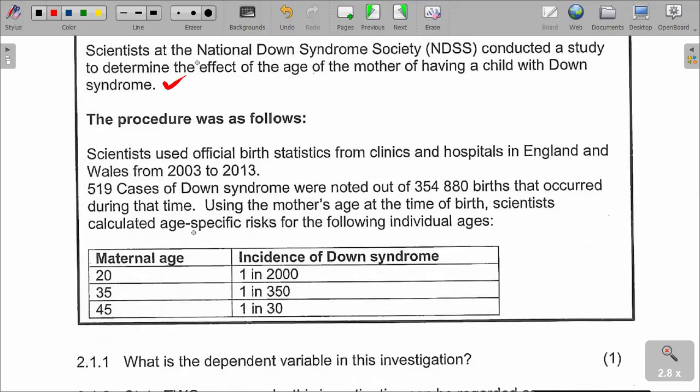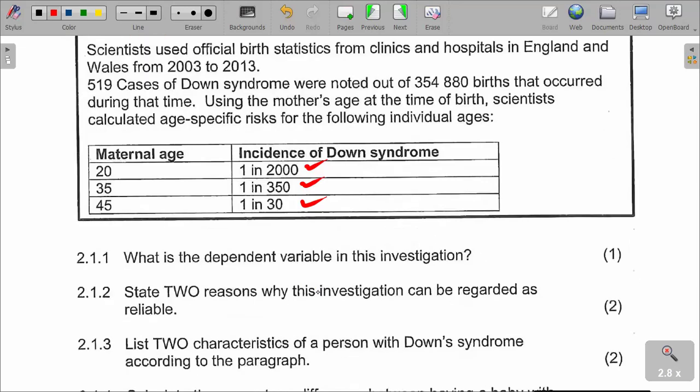So the procedure was as given here, and then maternal age incidence of Down syndrome: 20 is 1 in 2000, 35 is 1 in 350, 45 is 1 in 30. Those are the variations that are given there.